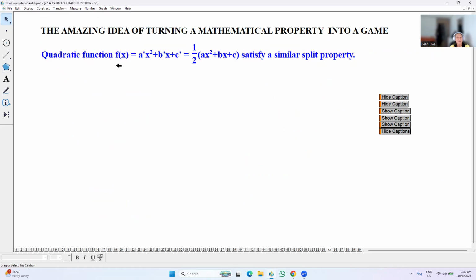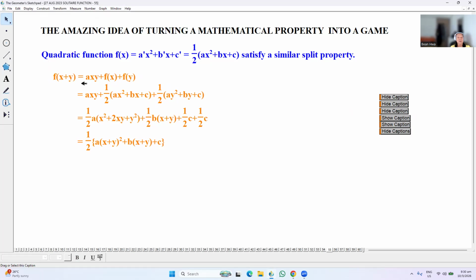The general quadratic function is a prime x squared plus b prime x plus c prime. You can rewrite as half ax squared plus bx plus c, and then show that this function satisfies a similar split property.